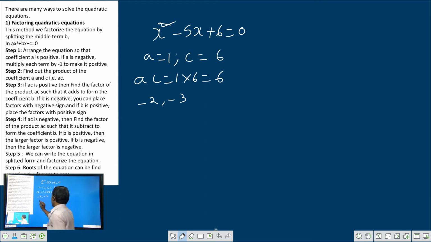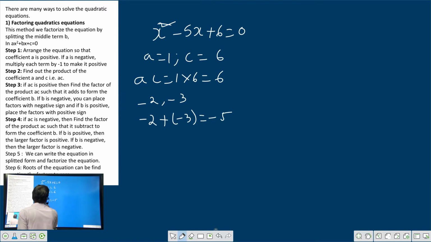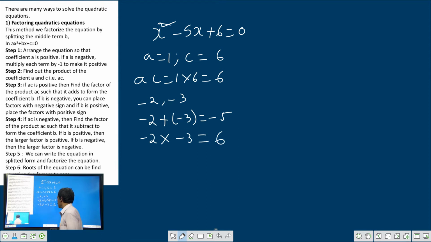That's why minus 2 plus minus 3 leads to minus 5. Minus 2 into minus 3 leads to plus 6. Okay, that's my intention, to get minus 5 for the factors of 6. For 6, I am taking the factors minus 2 and minus 3.